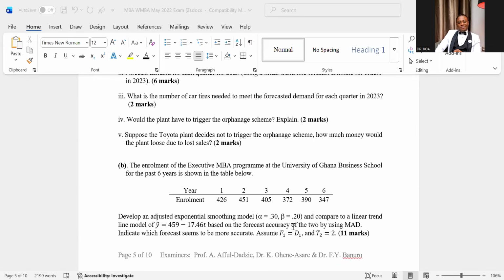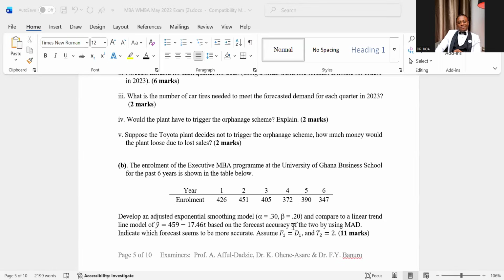Yes, it's more. Okay, so question: would the plant have to trigger the orphanage scheme? Yes, sir. Why? Because the total demand is more than the contracted value. Exactly. So yes, the plant must trigger the orphanage scheme.